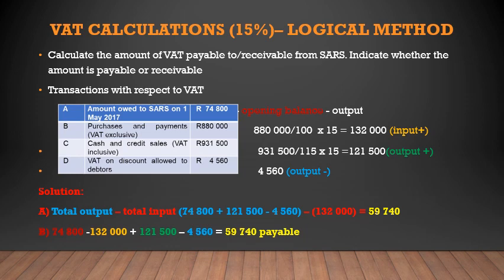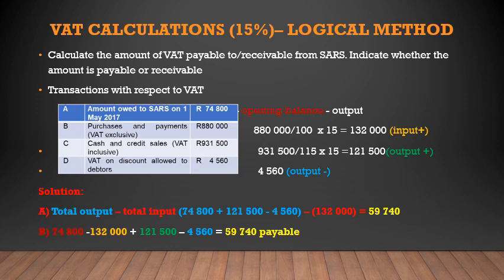Amount owed to SARS on 1 May 2017. Amount owed to SARS means this is a payable, this is output tax. So our opening balance is output. Transaction B, purchases and payments, VAT exclusive. So you need now to know this transaction is involving 880,000 and it is exclusive.